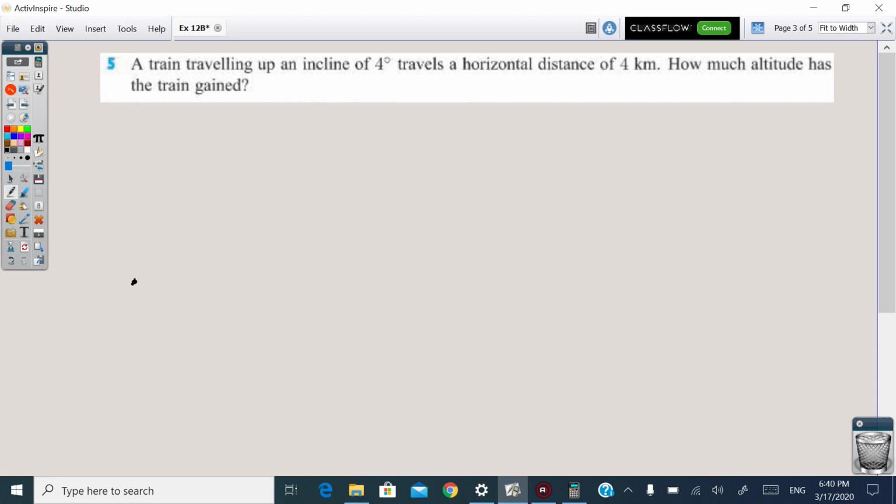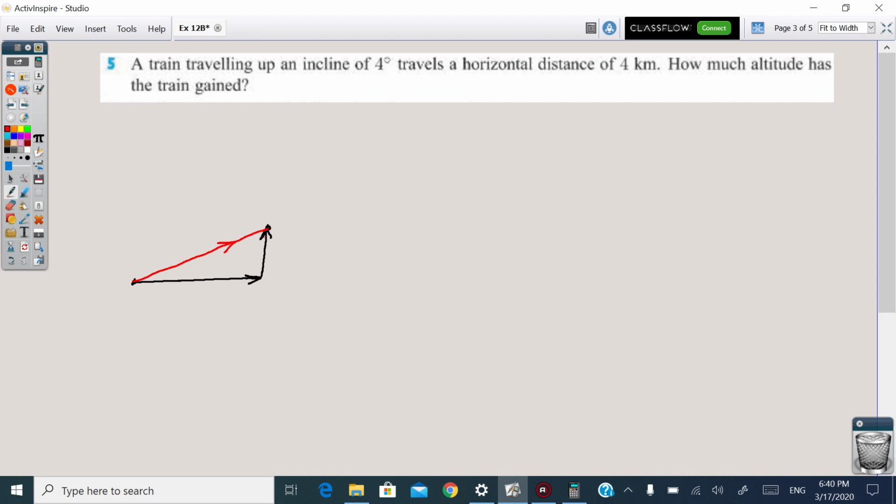Imagine that you're here and you move along the horizontal for a certain distance and then along the vertical. So you end up here. This effectively means that you have moved along this red line.